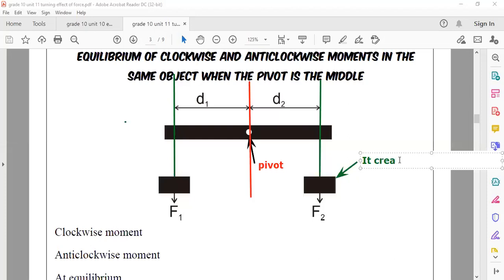Clockwise moment. On the other hand, if that is creating clockwise moment, this is creating anti-clockwise moment.